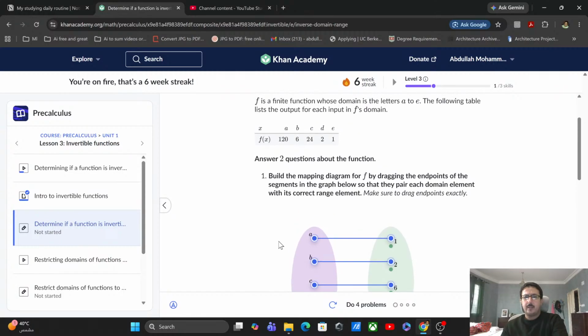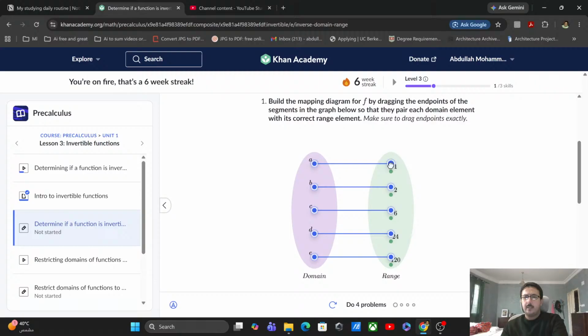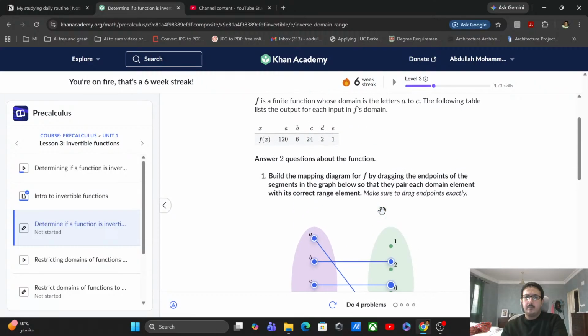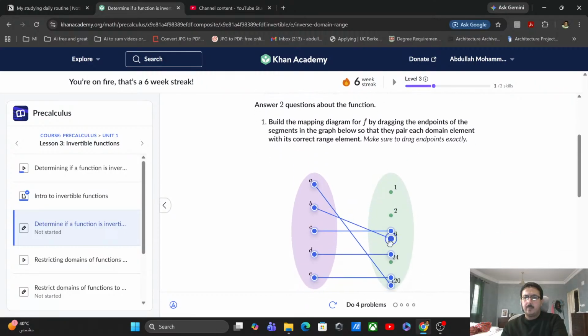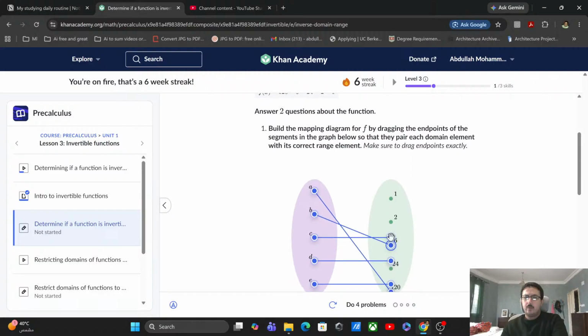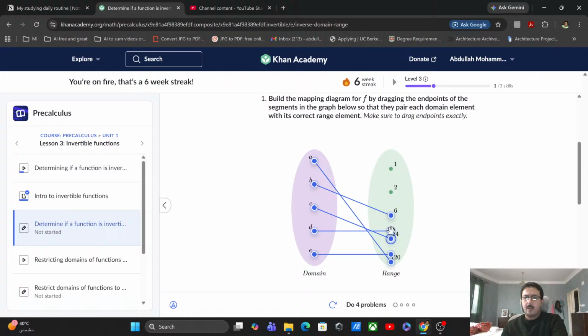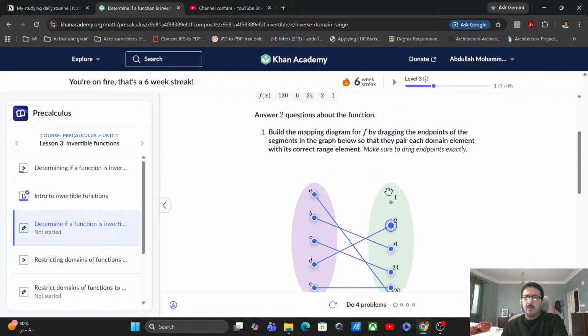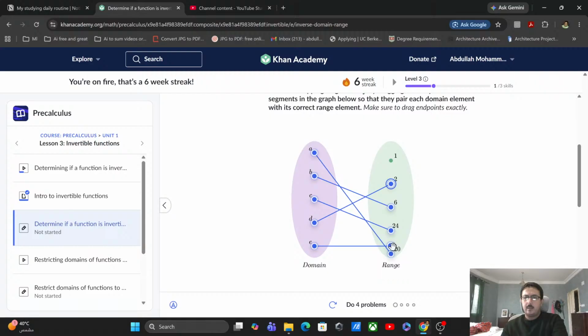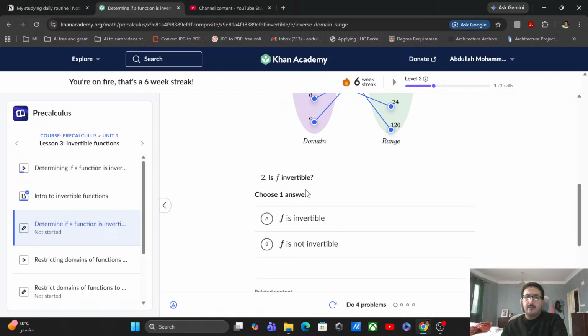A is 20, B is 6, C is 24, C is 20, D is 2, and D is 1. Is it invertible?